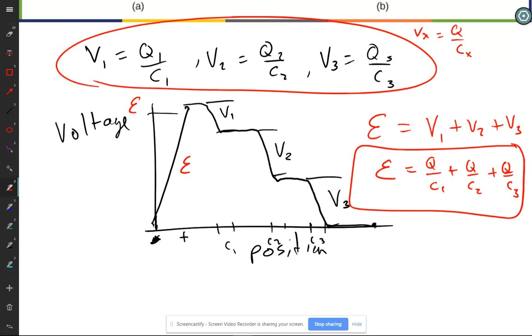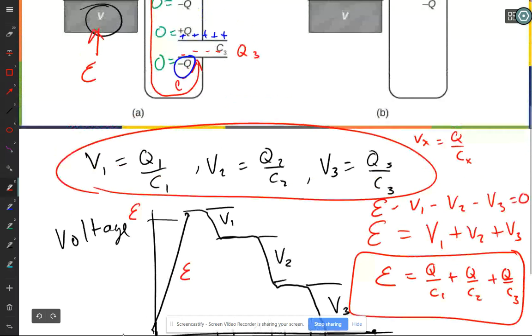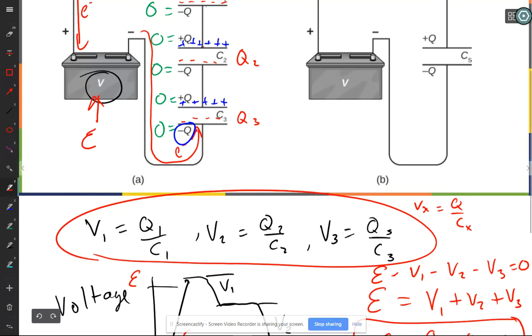Another way to have written that would have been that's right. So that's an equation that relates the voltage on my battery with the voltages across each of the capacitors.